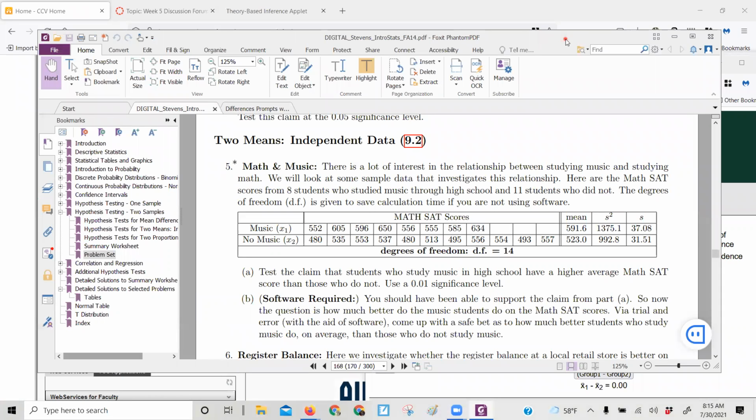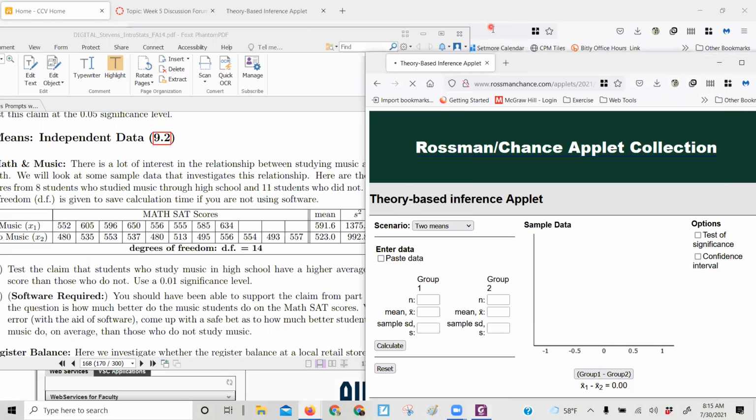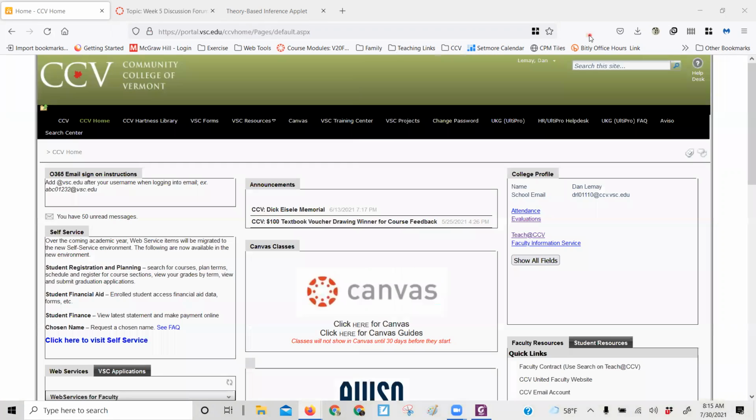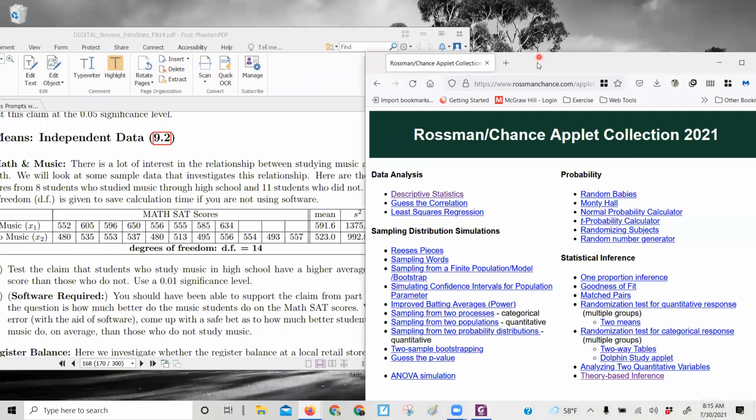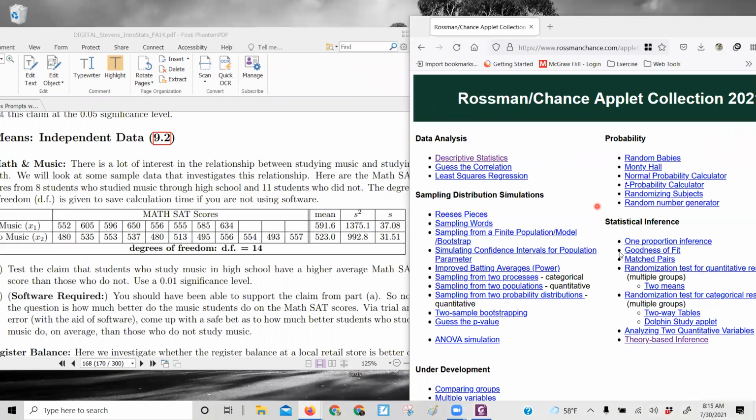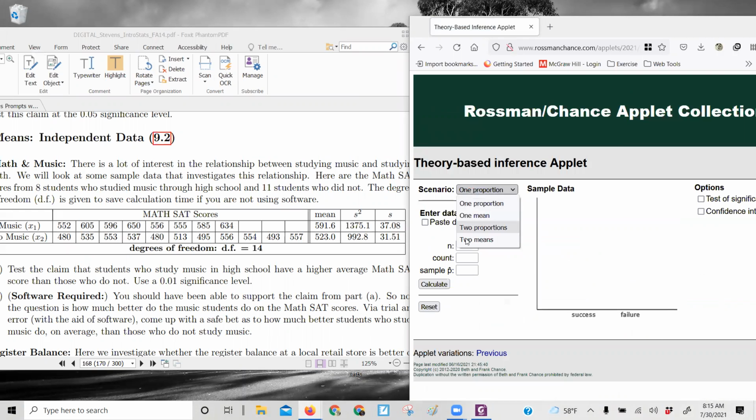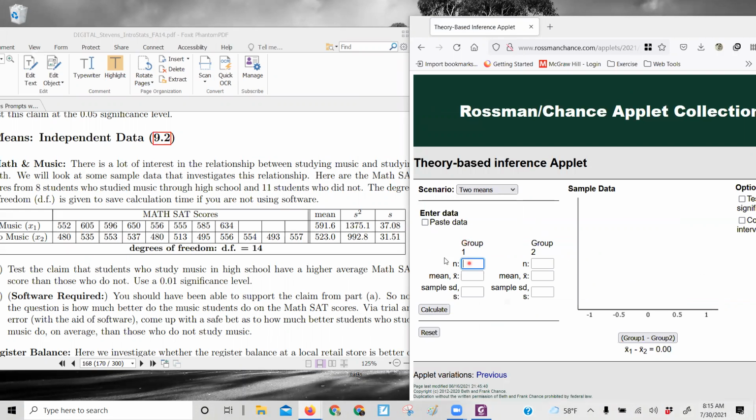I'm going to slide this off here, and hopefully I can see that well enough to show you how to plug this in. I want theory-based inference. That's what I want. Two means. So group 1 is the music people. So they had 1, 2, 3, 4, 5, 6, 7, 8 individuals. Pretty small sample.